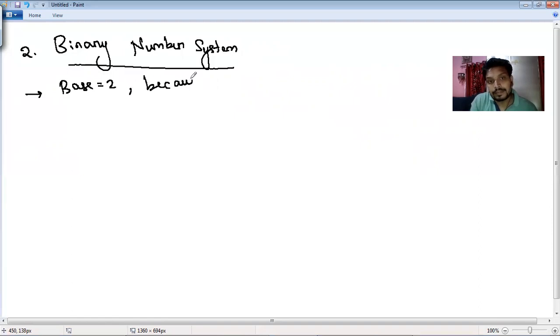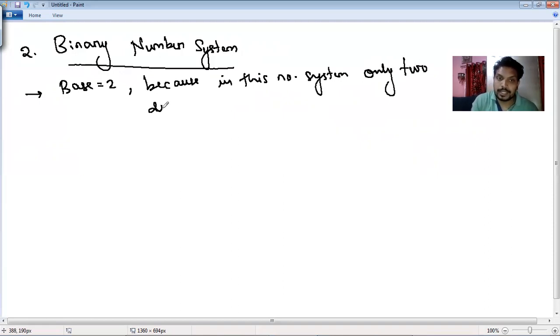Because in this number system only 2 digits are used.